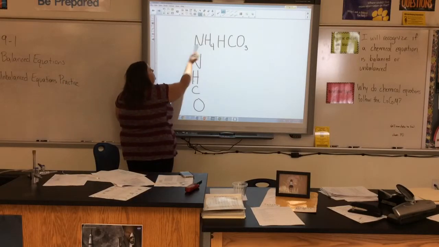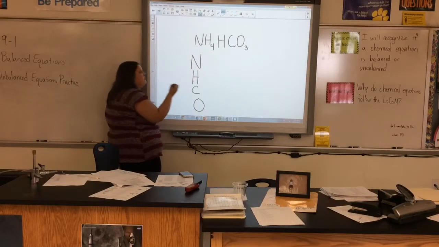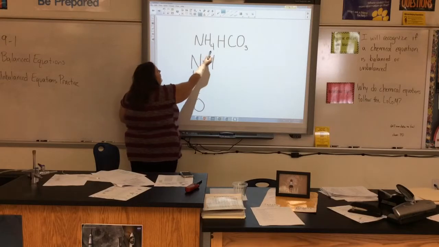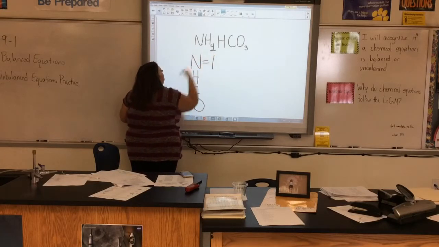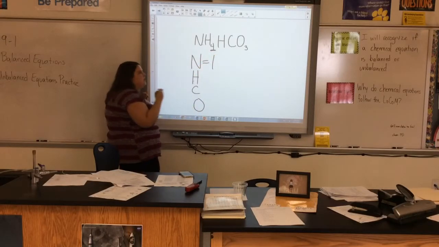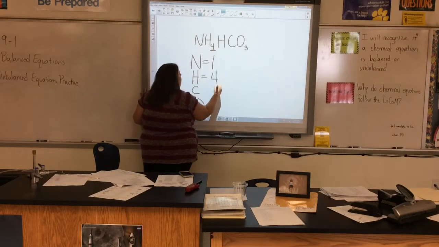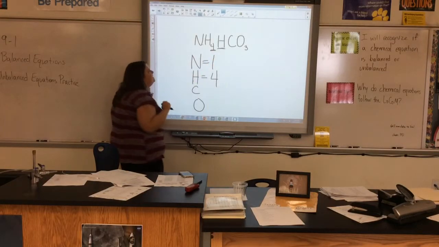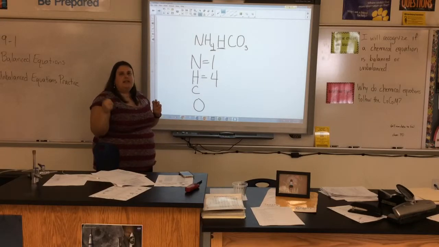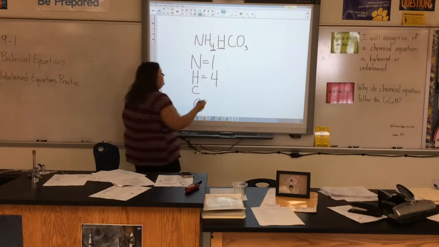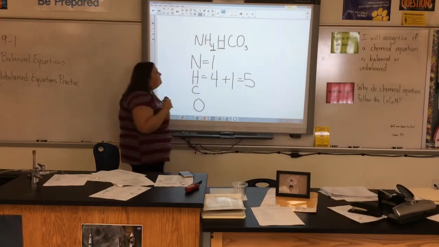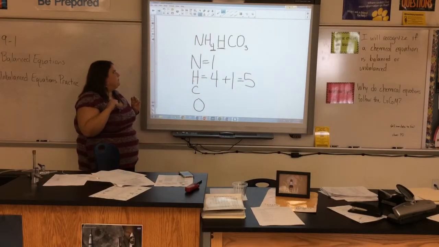So N does not have a subscript, so it's understood that it is just 1. My first hydrogen right here has a subscript of 4. So I know I have 4, but then I have another hydrogen right here. It does not have a subscript, so it is understood that it is 1. So I have 5 total hydrogens in this formula.